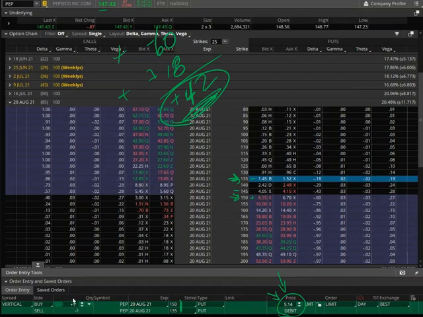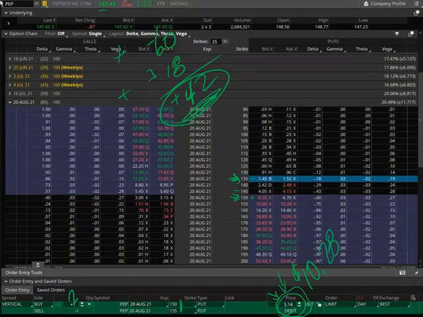I bought and changed this to a two lot. Now for each strategy I'm only paying $5, but if I do two of them, it's going to cost me a total of $10.28, two times this. And option contract multiplier, I'm just trying to keep apples to apples here. So this would be $10.28 if I do two of them.